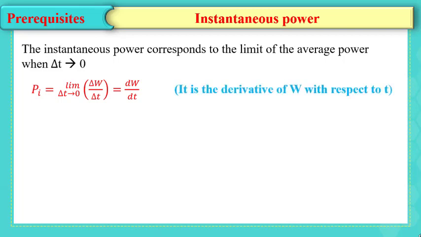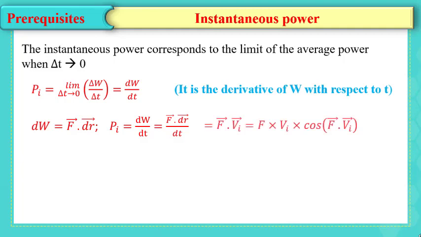And the answer is just the derivative of work with respect to t. dW equals F dot dr in this case, since we are dealing with a constant force, and the last answer is P instantaneous equals F vector dot dr vector by dt, which means that it is F dot v vector because dr by dt is simply the velocity vector. Finally, we say the instantaneous power can be written as F times v instantaneous times the cosine of the angle between F vector and v vector.